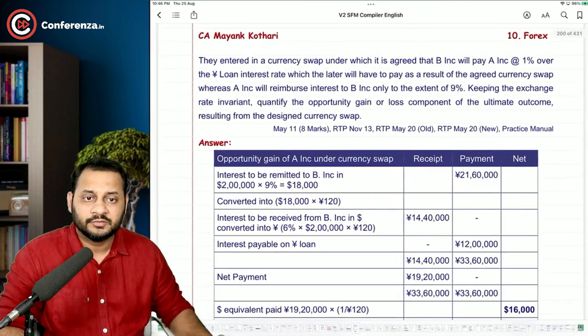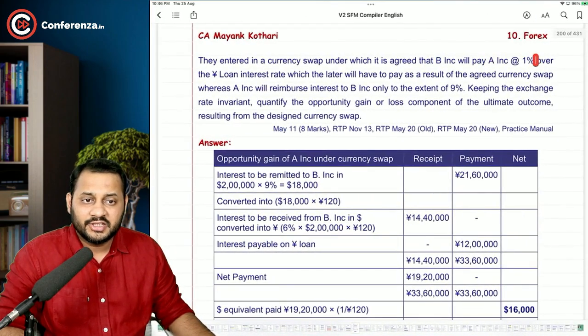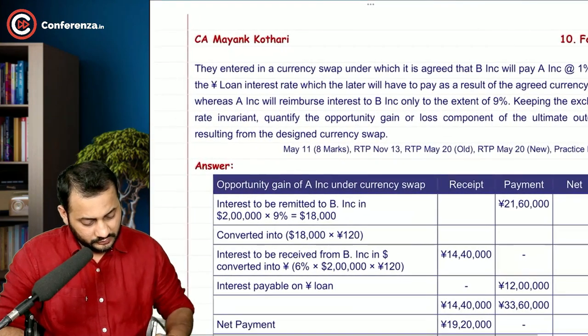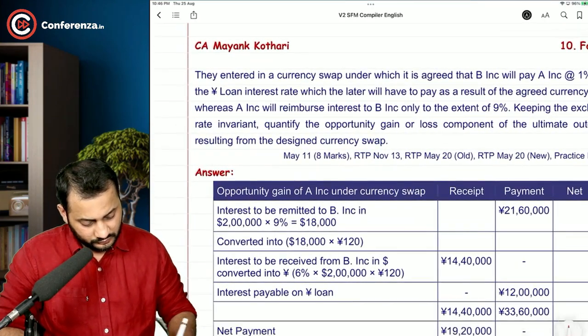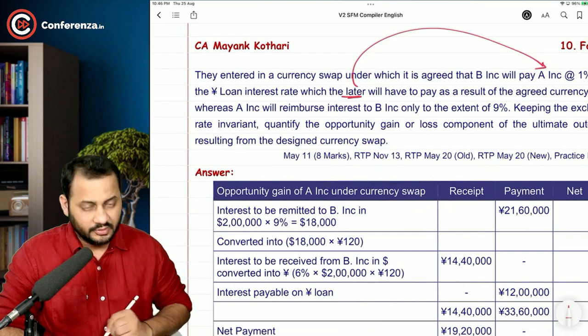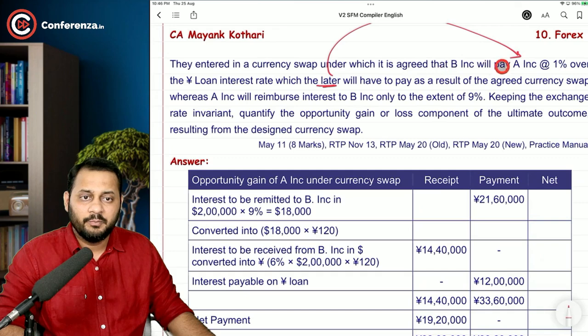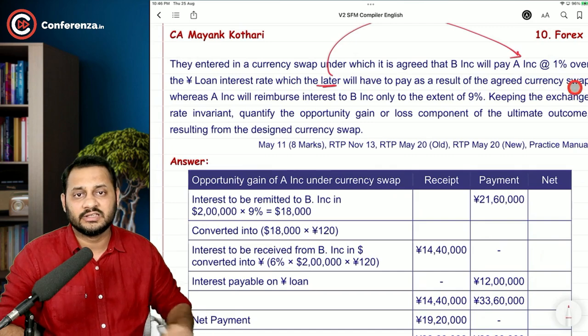How much? 1% over the yen loan interest which the latter, this guy, will have to pay. So read it like this: B will pay to A 1% more than the yen loan interest which A Incorporation will have to pay as a result of the agreed currency swap.